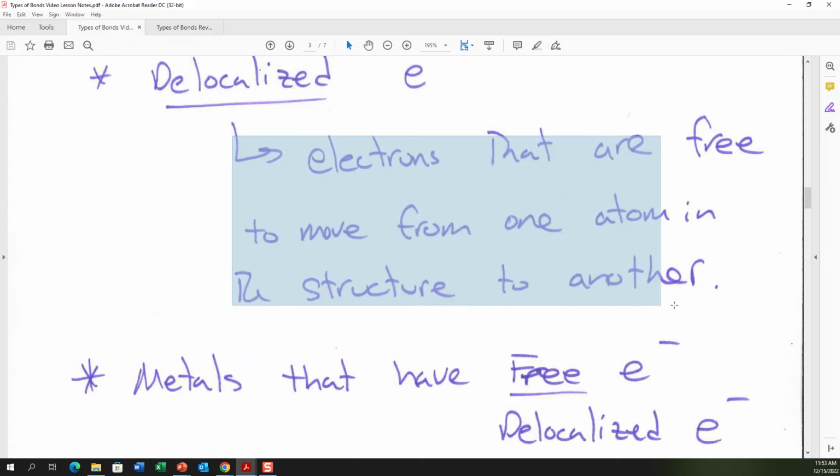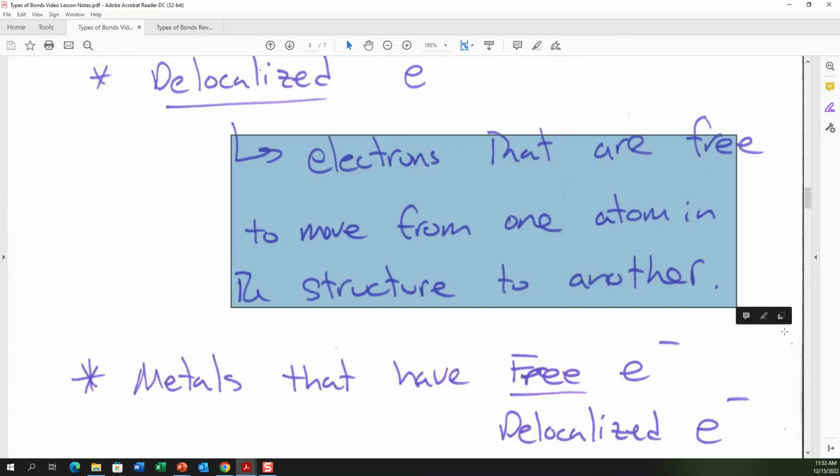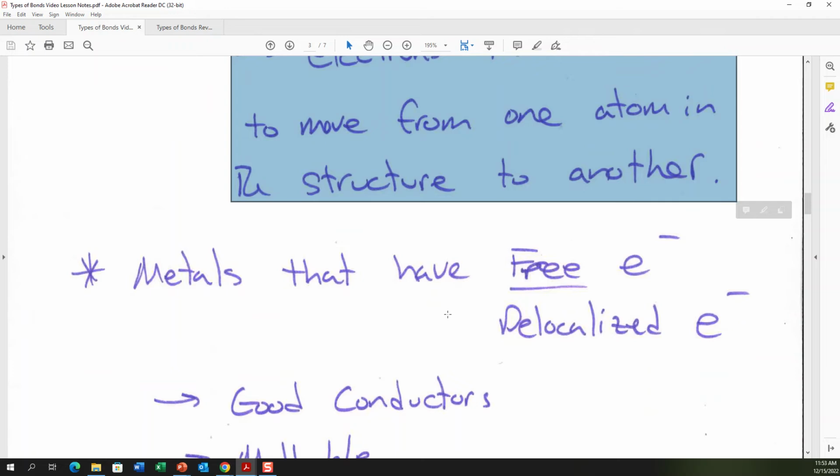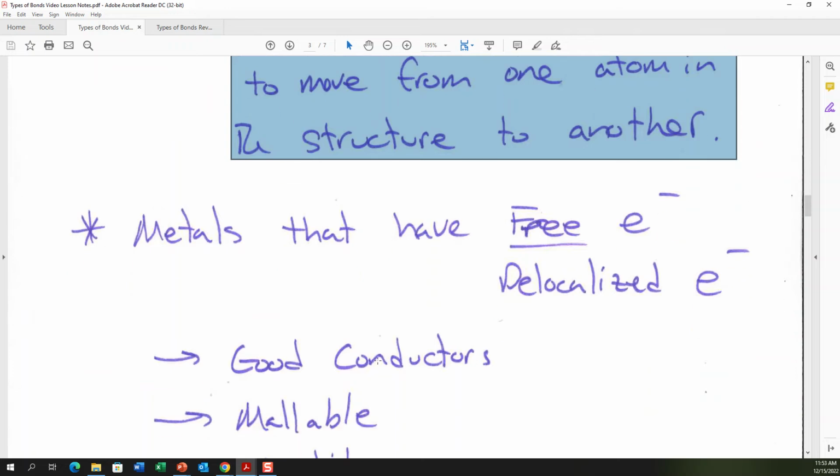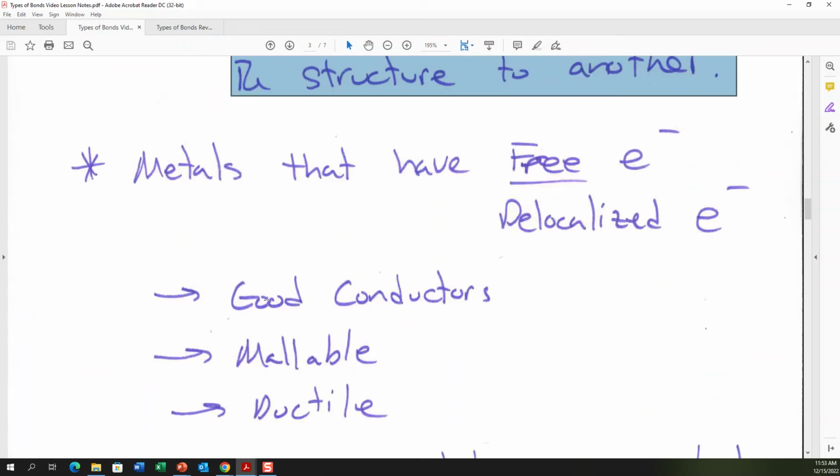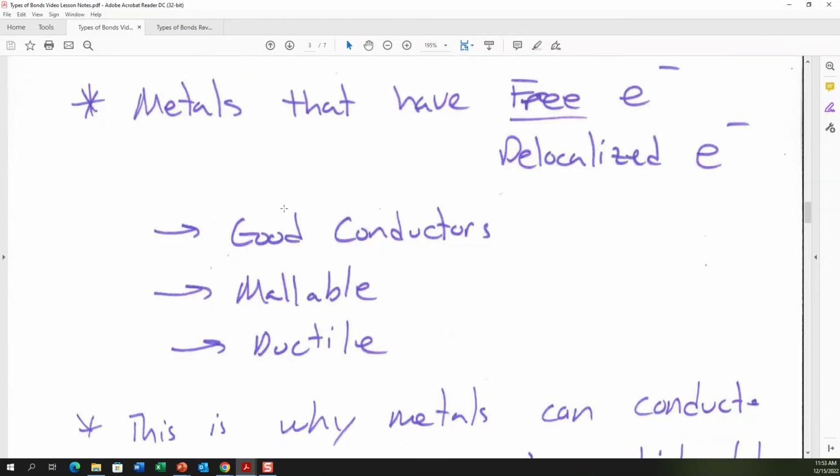So because they're free to move, okay, that's the reason why metals are good conductors of electricity. So all those properties of metals that we talked about in Unit 3: good conductors of electricity, good conductors of heat, they're malleable, they're ductile.